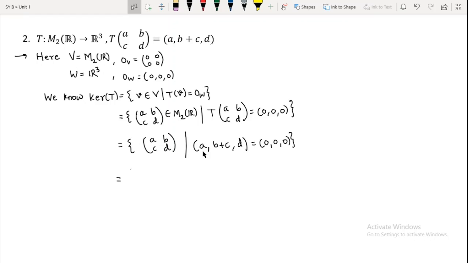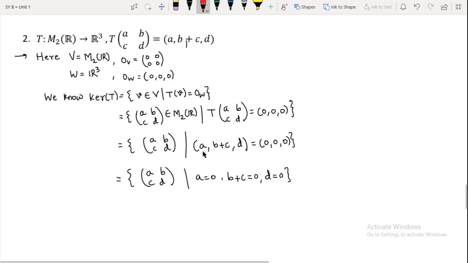So again, which is further equal to, it is a collection of elements of the type ABCD, meaning a matrix ABCD, such that, now simply compare, A is equal to 0, B plus C is equal to 0, and D is equal to 0.